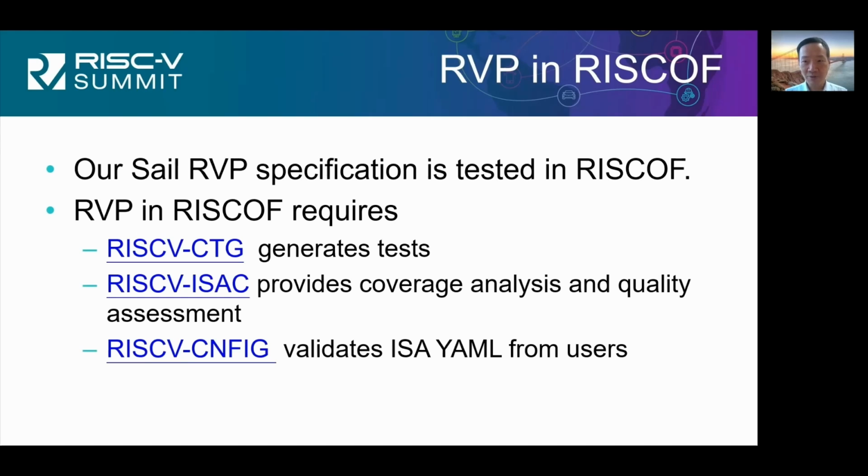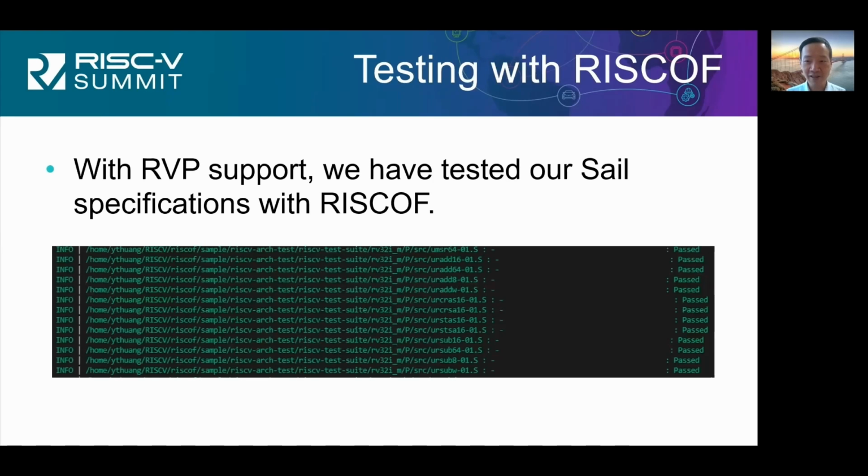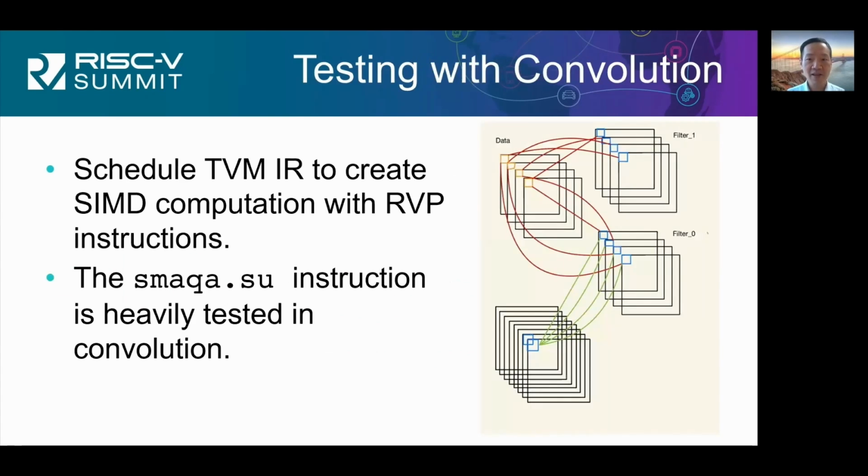We get this RISC-V configuration file for RVP, and then we run our CL specification for RVP. And as we can see, for different instructions, the results are passed. Okay, so that's the second test we built for this RVP CL specification.